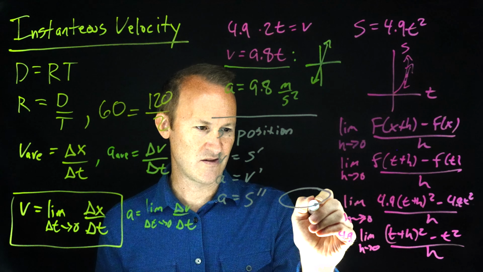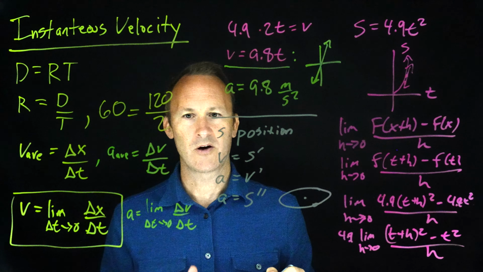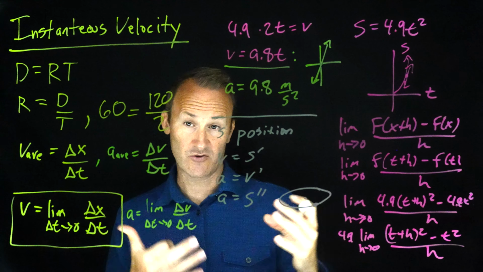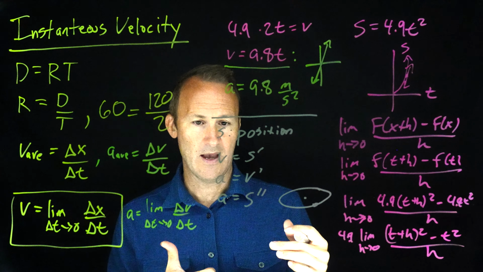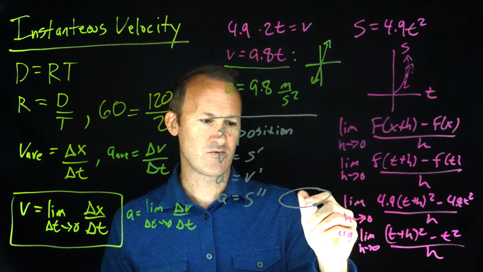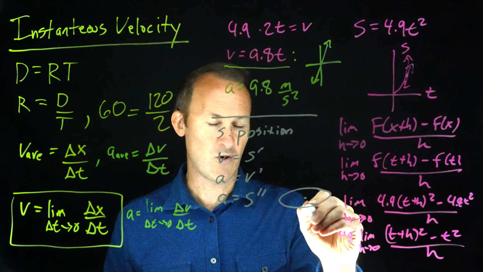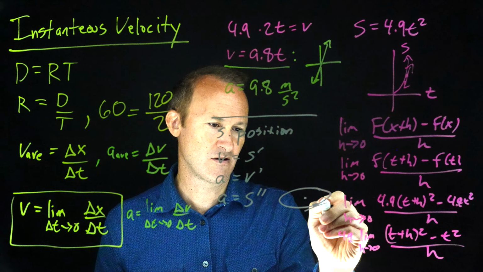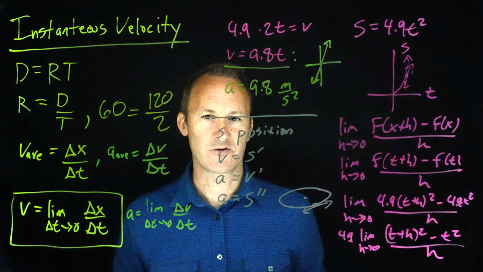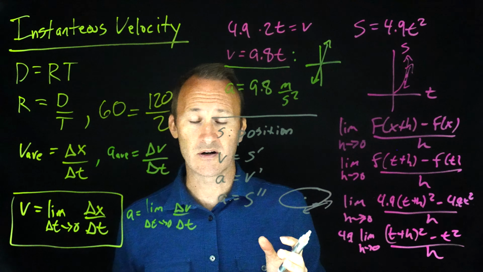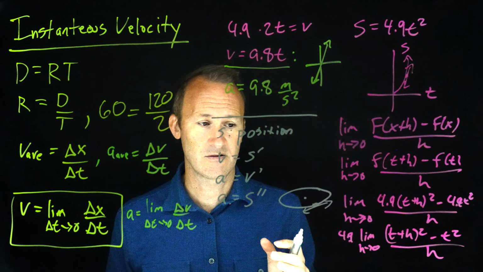If you have a planet that's, say, here, it has an acceleration due to the gravitational field of the sun, and at any given instant, if that sun were to disappear, what would happen? The planet would go off on its tangent line. And the tangent line, as we know, is the derivative of the position.